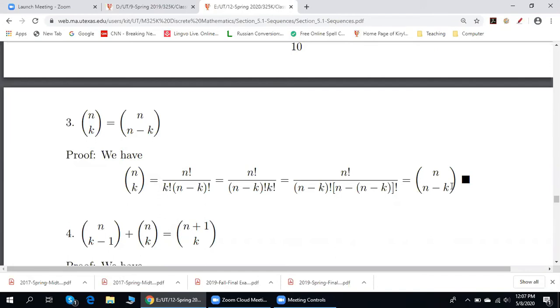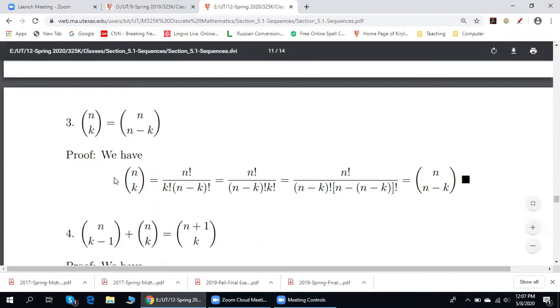By the way, it is a little bit easier to prove this formula if we go not from the left to the right, but from the right to the left. Because the jump from here to here is a little bit tricky. You have to understand first that k should be rewritten as n minus k.